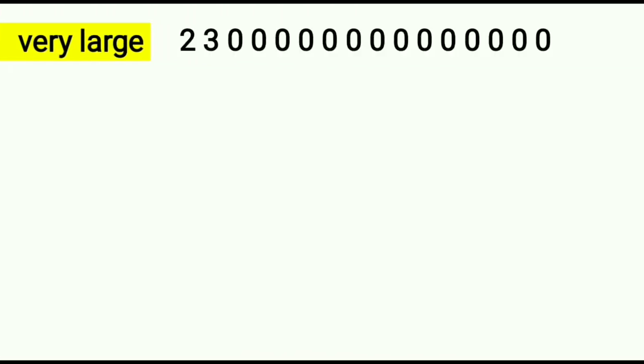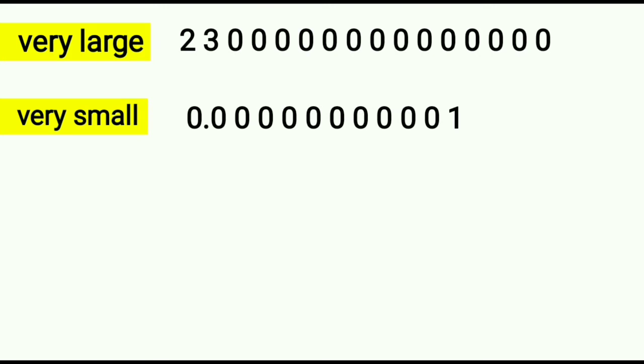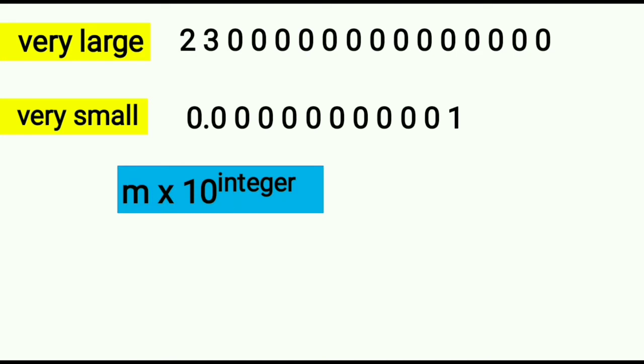This number is very large and this number is very small. So it is very difficult to read these numbers. So we use here standard form. Standard form is m multiplied 10 raised to power integer. Here integer can be positive or negative. Value of m is between 1 to 10.